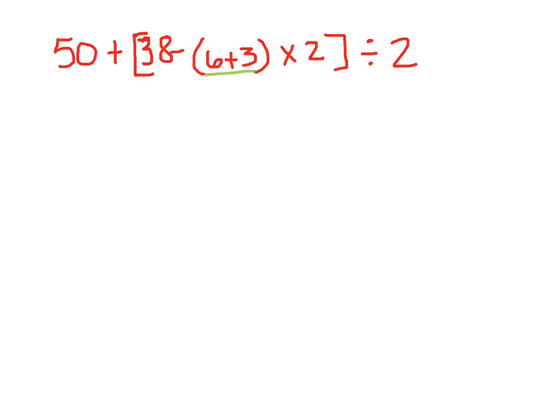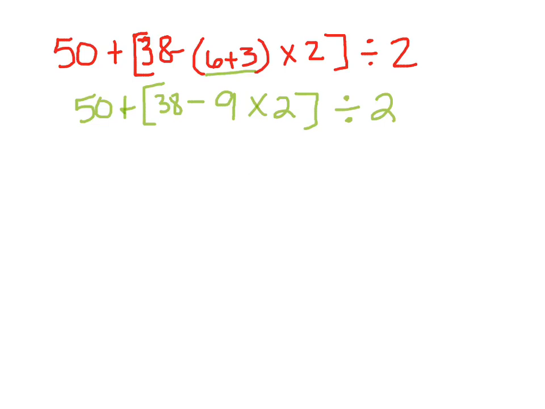So 6 plus 3 is 9. Then we bring down 50 plus bracket 38 minus 9. There's nothing else inside there, so I can just leave the 9. I don't need parentheses. Times 2, close the bracket, divided by 2.